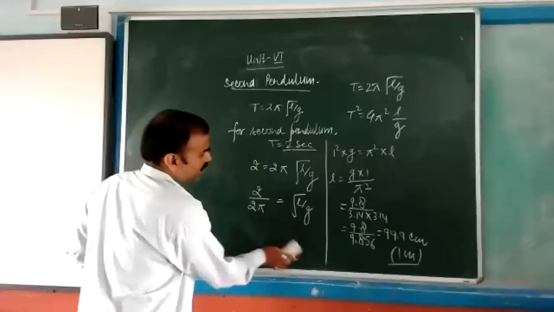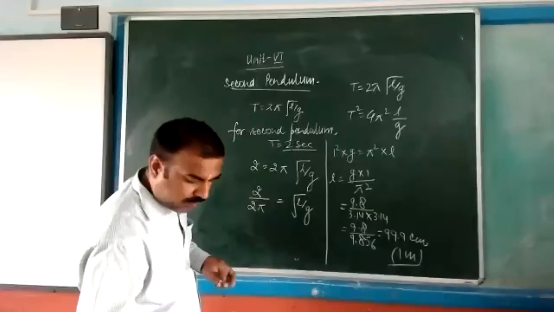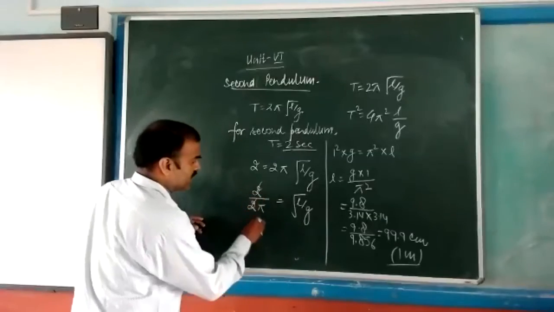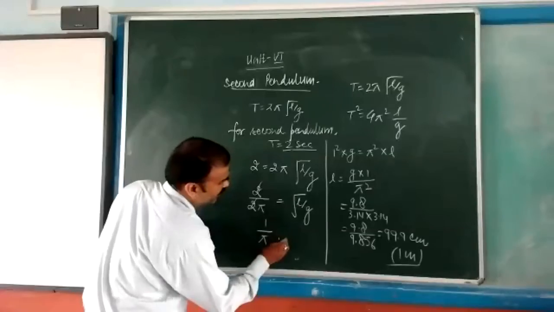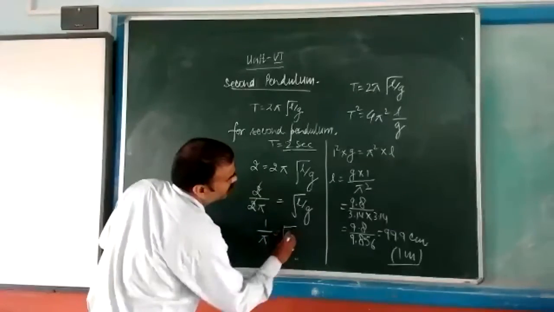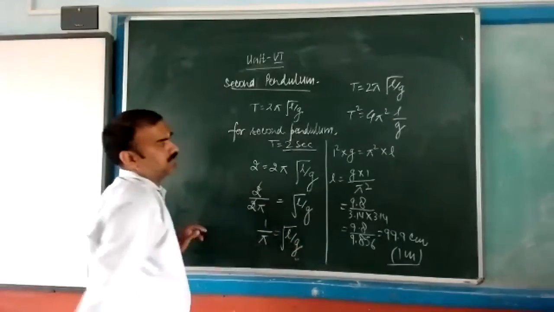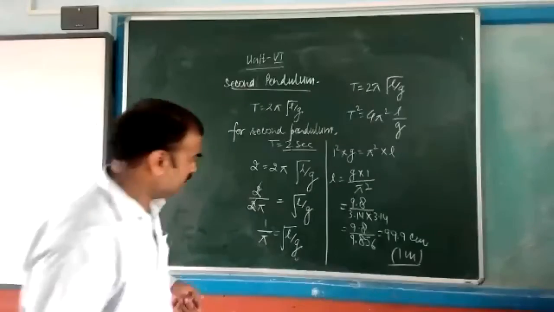The 2 cancels out. 1 upon pi equals under root L by G. Is it clear?